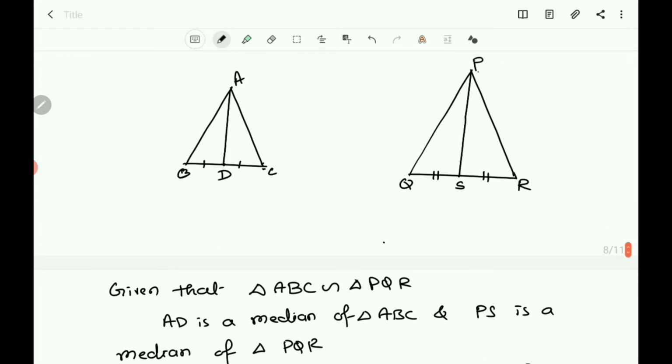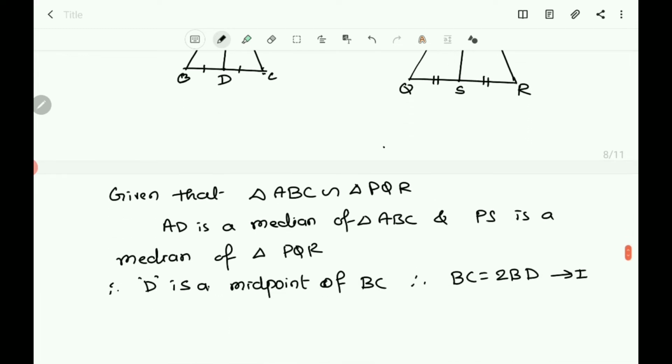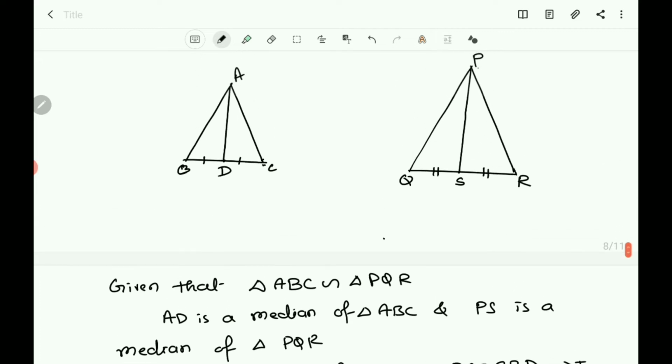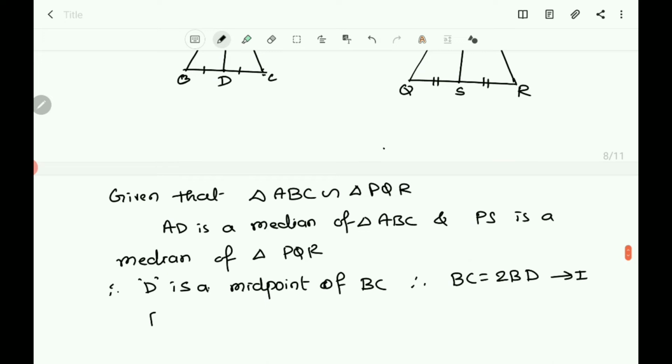Next you take in triangle PQR, PS is a median of triangle PQR.